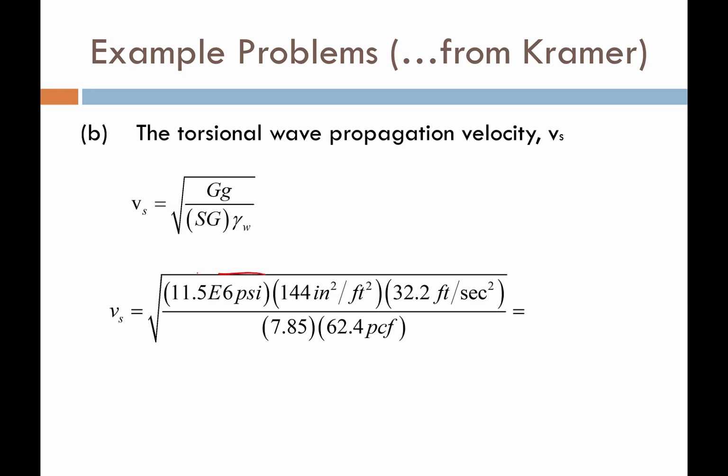So I just plug in that 11.5 times 10 to the 6 pounds per square inch, and I turn the crank and I get 10,434 feet per second. So that's about 2 miles per second. So if I apply torsion on the end of my steel rod, within 1 second that torsion wave will travel about 2 miles down the length of the rod.